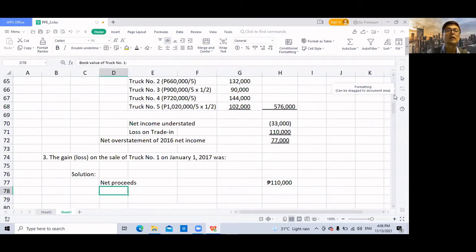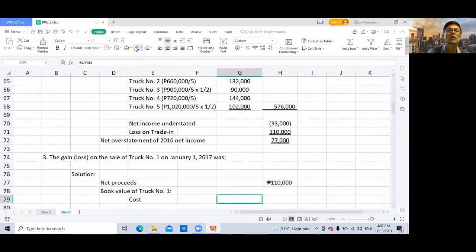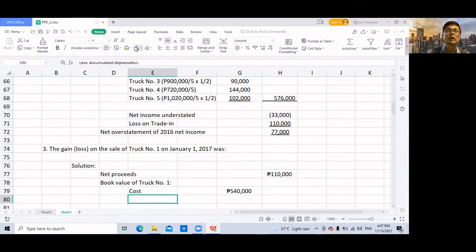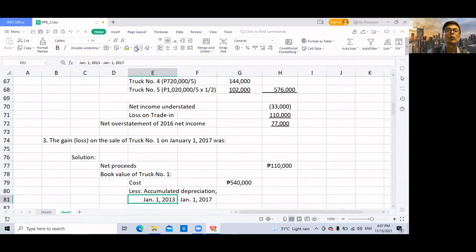This is the cash received. Then the book value of truck number 1 is, of course, the cost at 540,000. We have seen that a while ago. And less the accumulated depreciation from the time it was acquired up to January 1, 2017. We said that it was about 4 years.